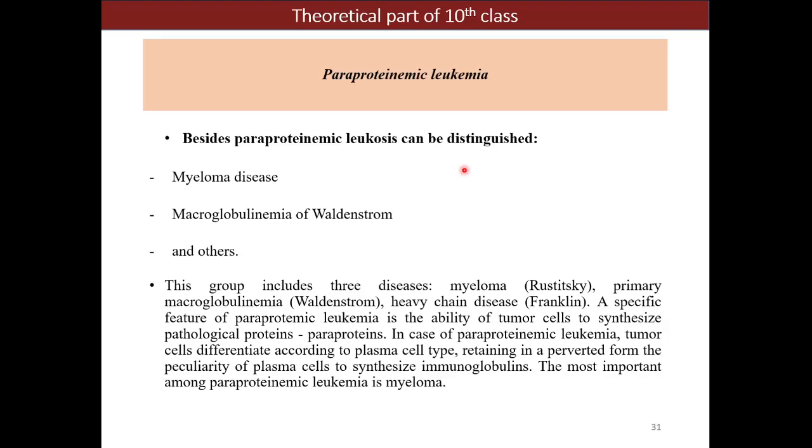A specific feature of paraproteinemic leukemia is the ability of the tumor to synthesize special proteins, paraproteins. In paraproteinemic leukemia, tumor cells differentiate toward plasma cells, retaining the particularity of plasma cells to synthesize immunoglobulins.